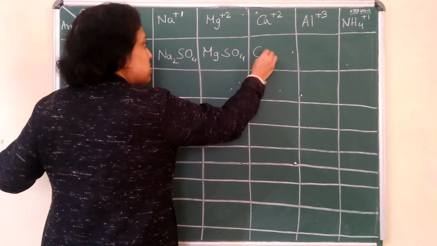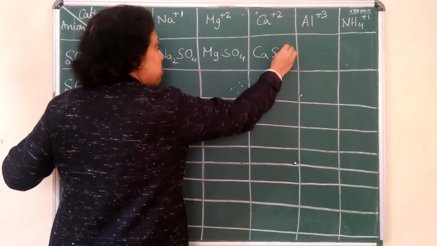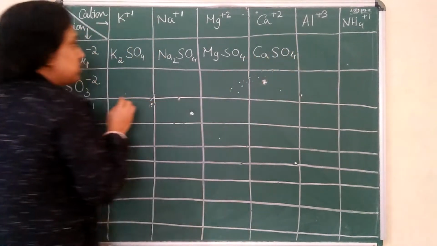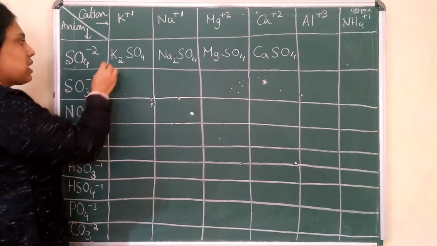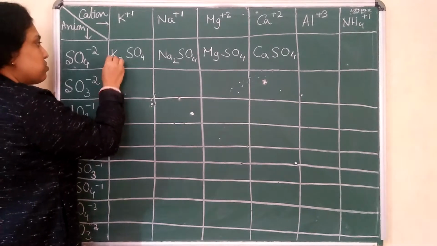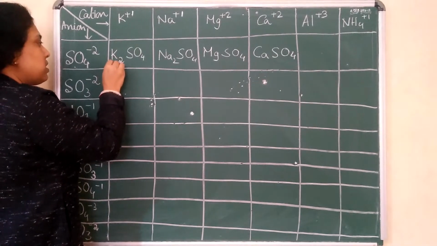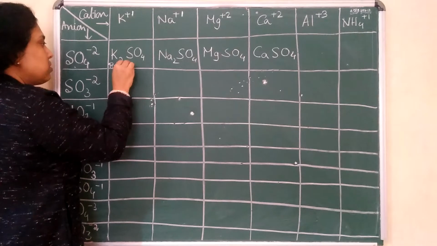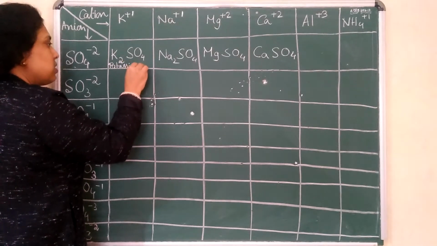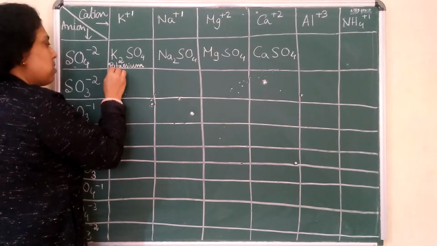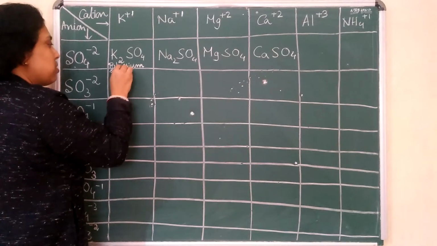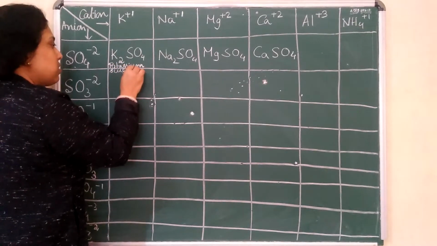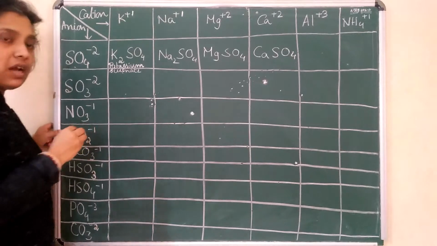So it is CaSO4. You can write the name also down. Here it is potassium sulfate. Along with the formula, the name also you are learning, so keep on writing that.